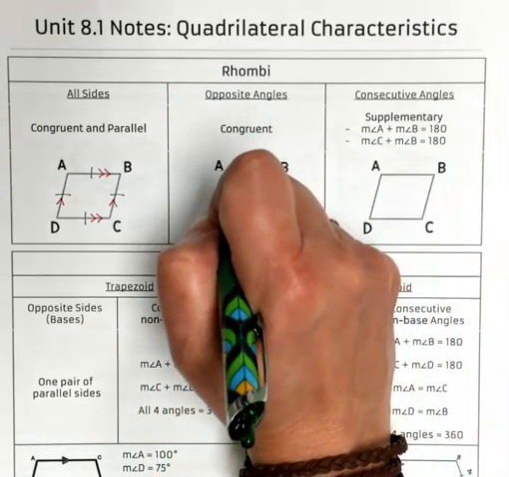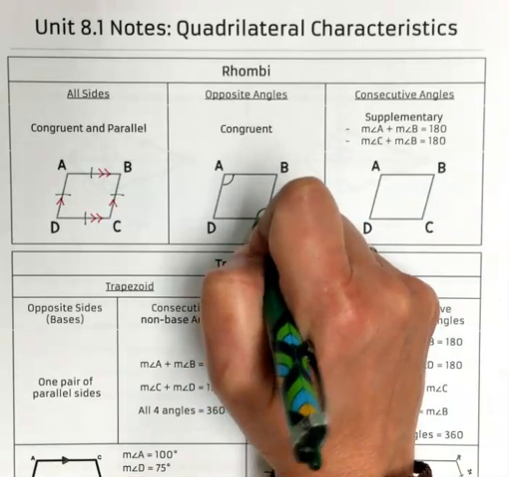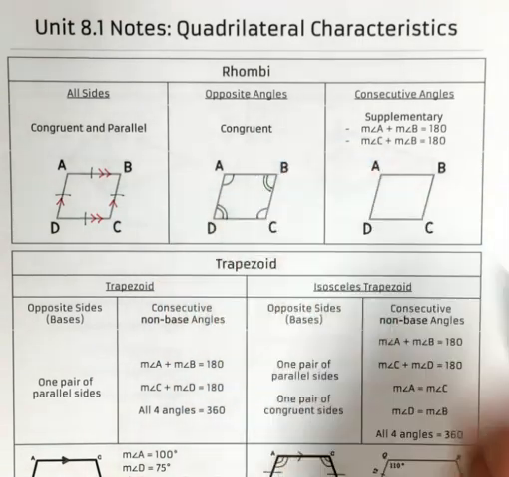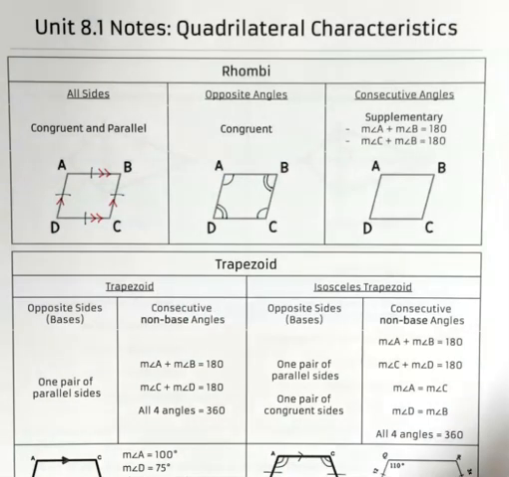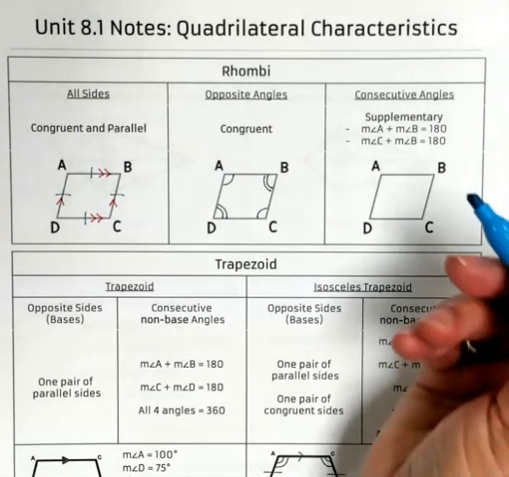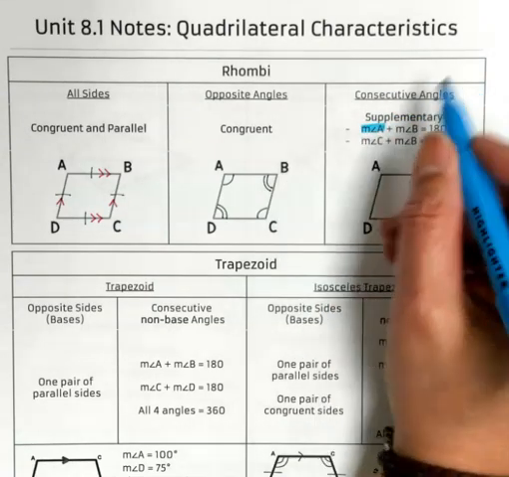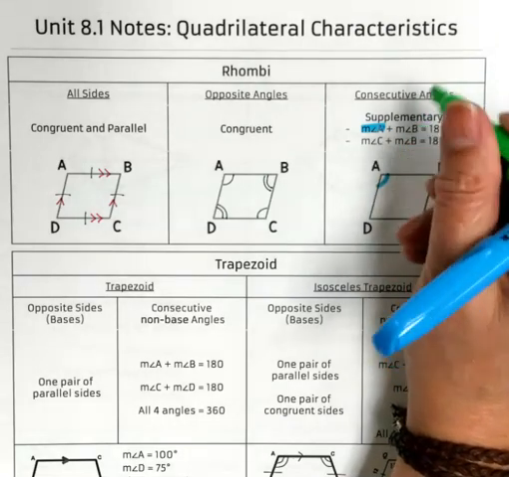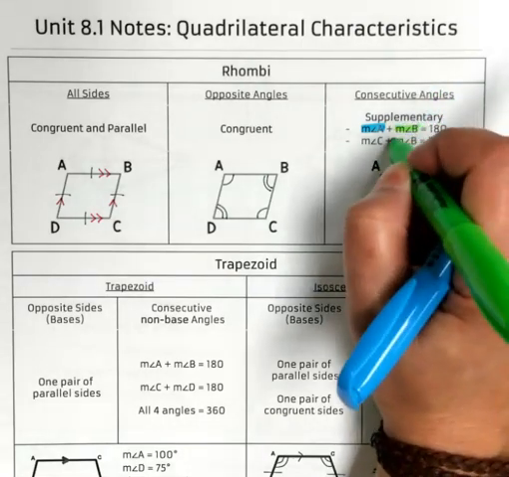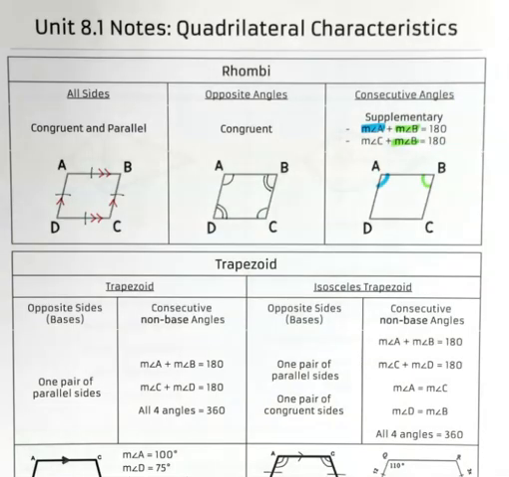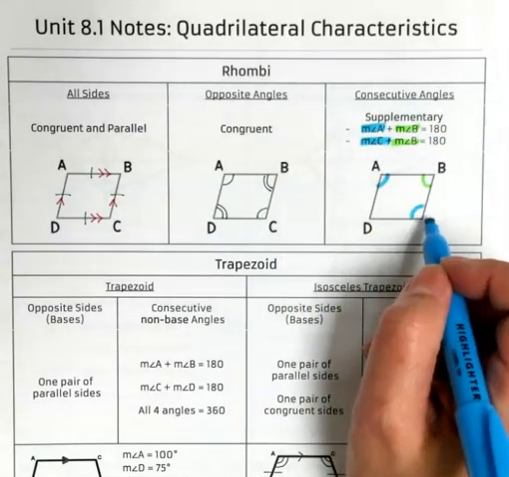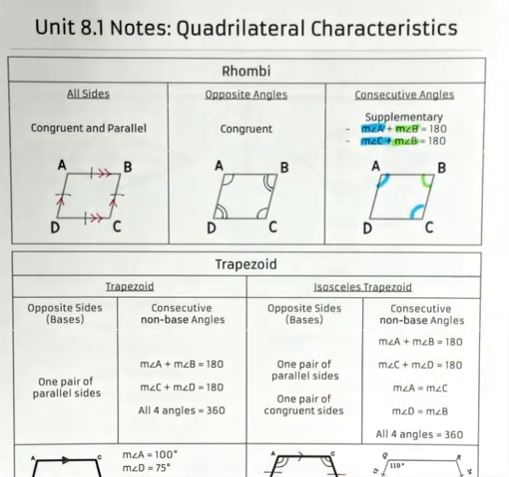They are not right angles. And continuing on with consecutive angles, your consecutive angles are supplementary. And again, consecutive angles are simply those that as you go around the quadrilateral, they follow each other. Okay.